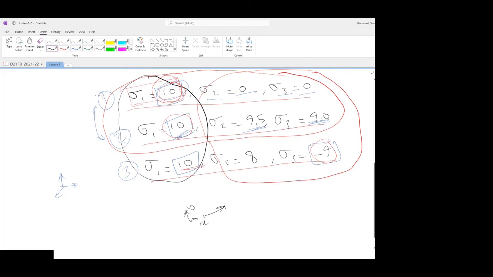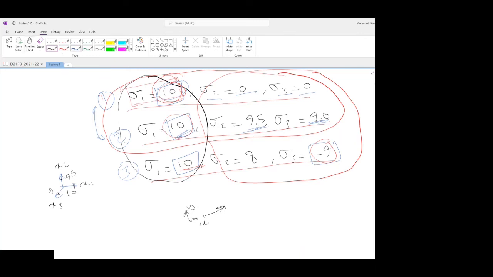Now, in this case, we have the stress actually projected in 3 directions. If you look into this one, this is projected in the direction of, I'm going to call these axes x1, x2, and x3, because we don't have x, y, z anymore. We have just principal directions here. So it is going to be projected into 10 in this direction, and then 9.5 in this direction, and then 9 in this direction.